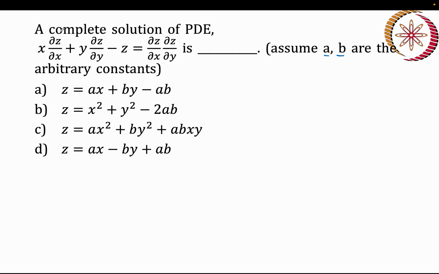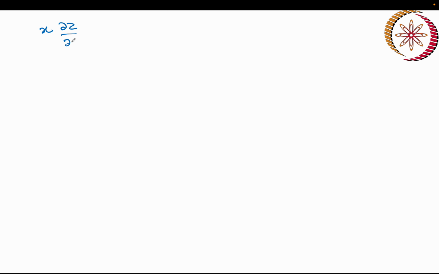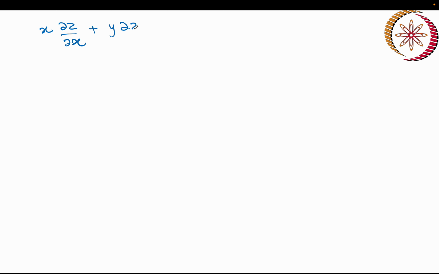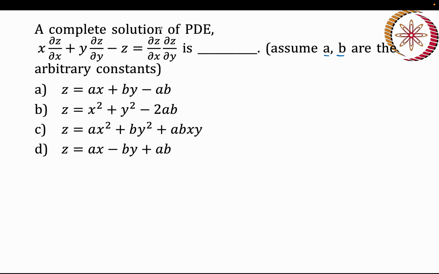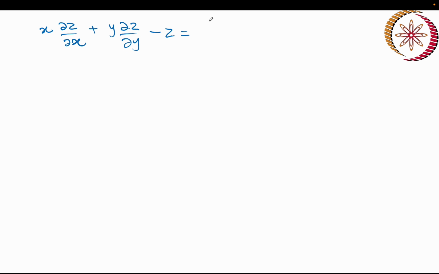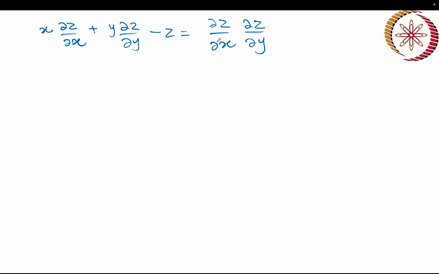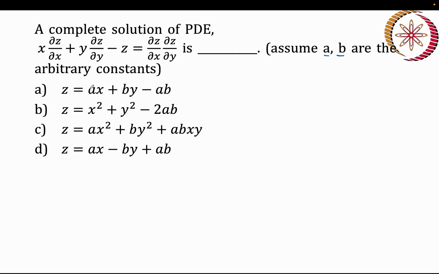Okay, so the equation that is given is x dou z by dou x plus y dou z by dou y minus z equal to dou z by dou x times dou z by dou y. Let's try the first option, where z is equal to ax plus by minus ab.